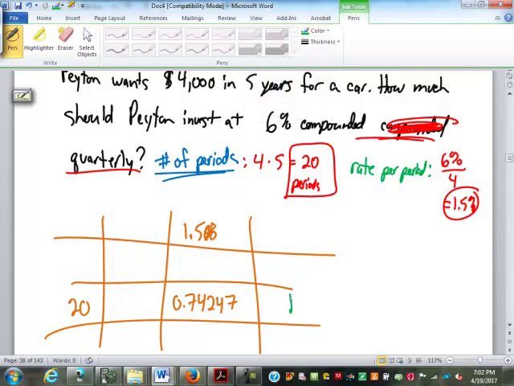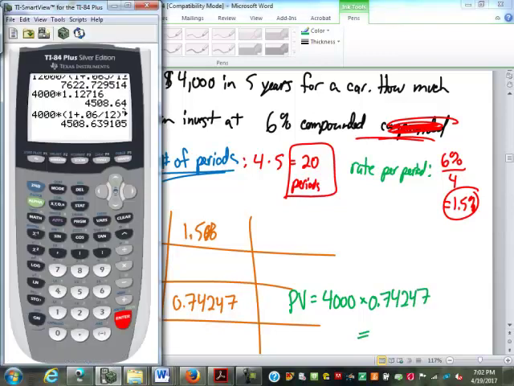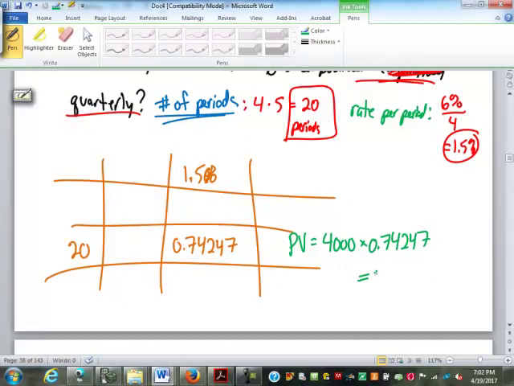So our present value is equal to the $4,000 future value times 0.74247. So that's 2969.88, so $2,969.88.